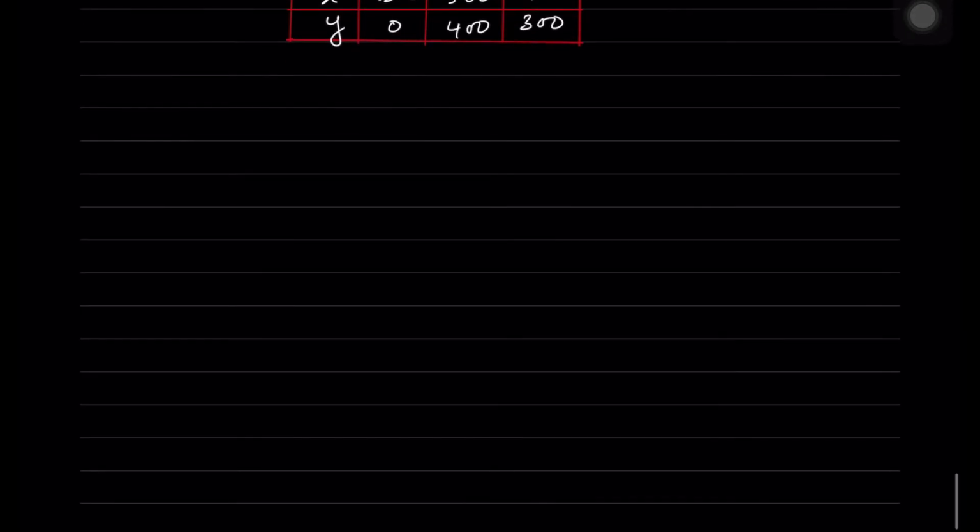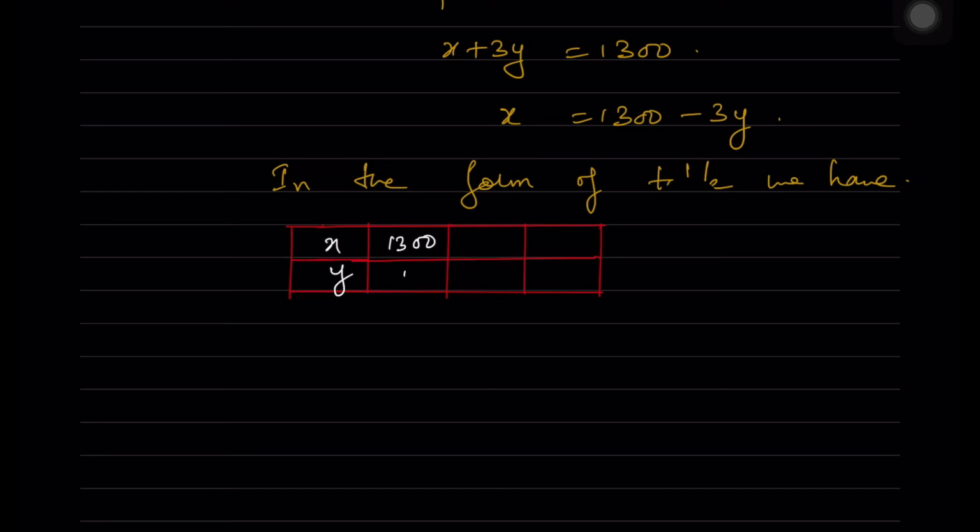Now we consider these two as the given two equations, equation 1 and equation 2. So graphically how do we do? We have from equation 1, 3x plus 6y is equal to 3,900. So 3 into x plus 2y is equal to 3,900. x plus 2y is equal to 3,900 divided by 3, that is equal to 1,300.